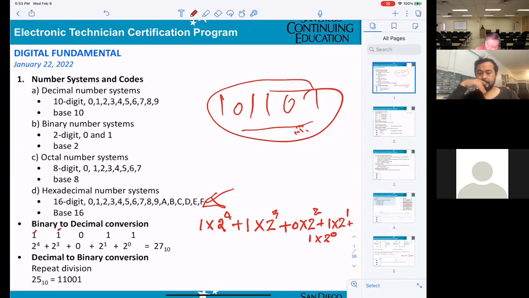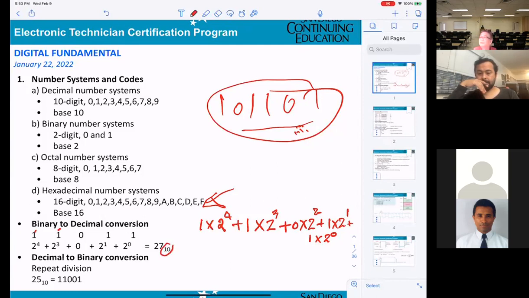And they say base 10. That means decimal. Okay. So sometimes you don't have to put the number 10. We know that's a decimal. So at least you know how to convert the binary to the decimal.